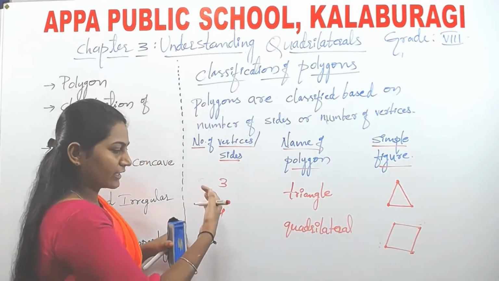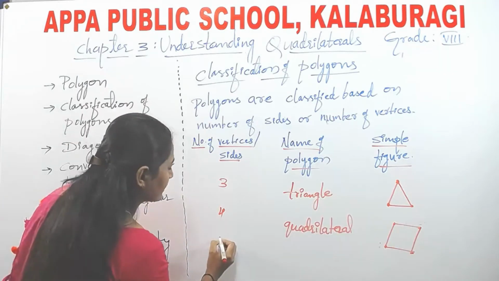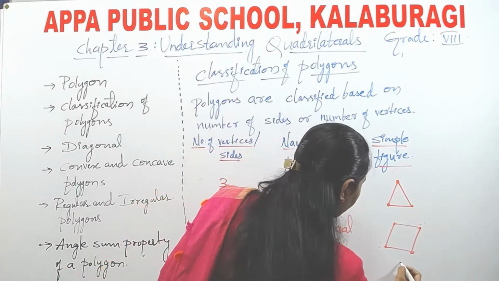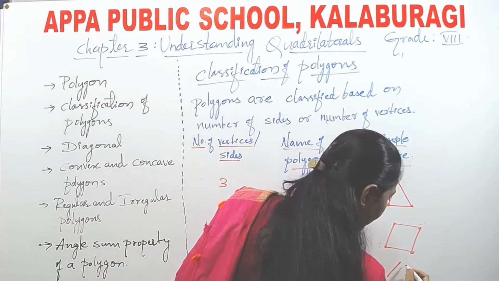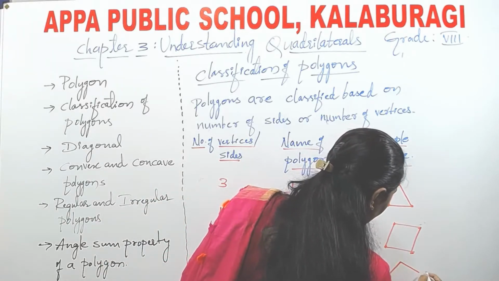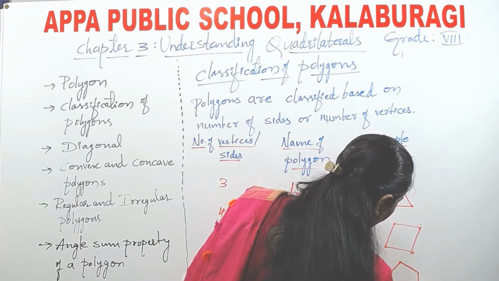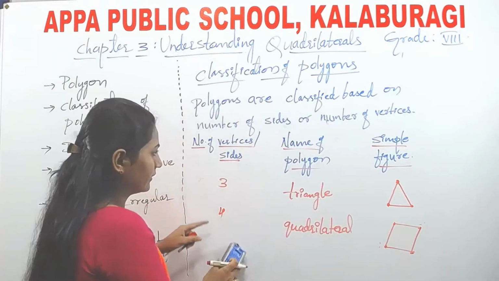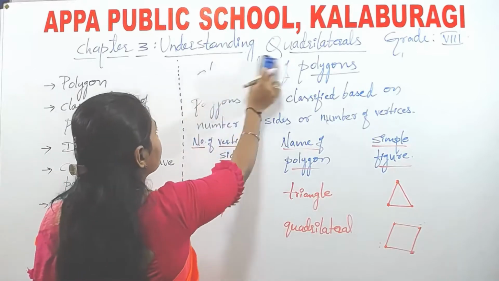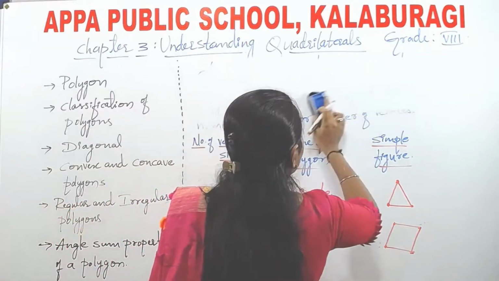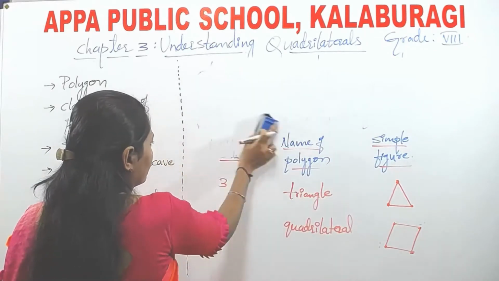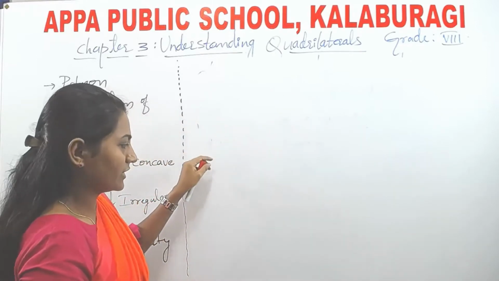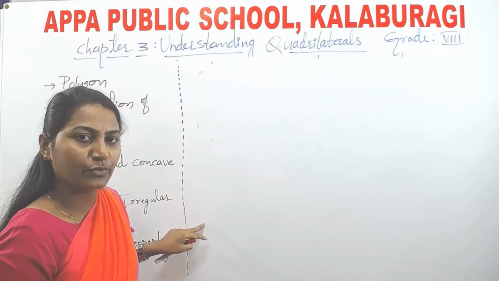Okay. Next, we'll continue with the number of sides. When the number of sides is 5, it is a pentagon. Let me first draw it. We have seen 3 vertices, and also 4 vertices.